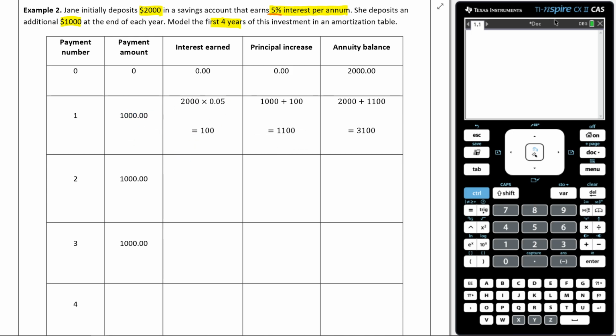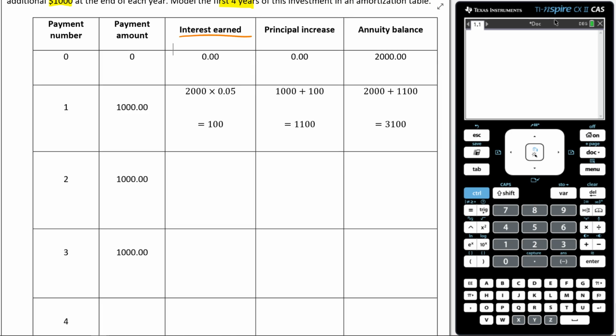For year 2, I again need to figure out the interest earned. So I take the balance of the previous year, which is 3,100, and figure out 5% of that, which gives me $155.